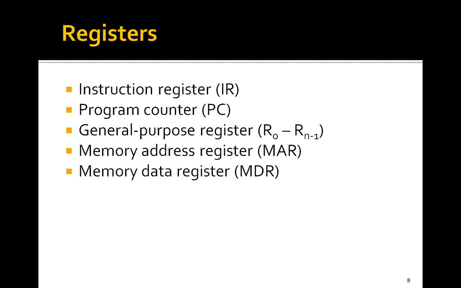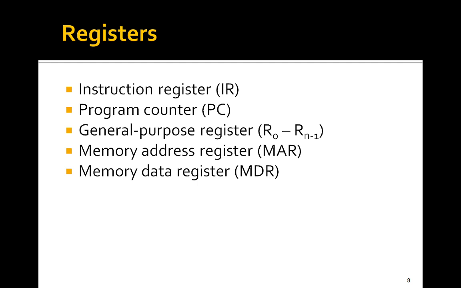Then we have another two registers which facilitate the communication with the memory. One is the memory address register, that is MAR, and the other one is the memory data register, MDR. MAR will hold the address of the location to be accessed.